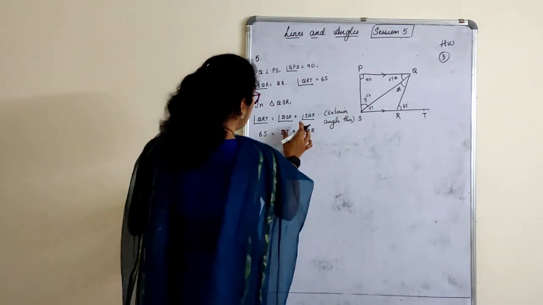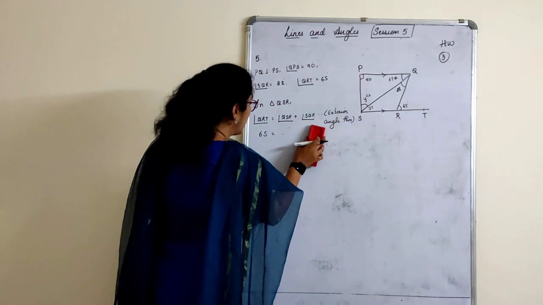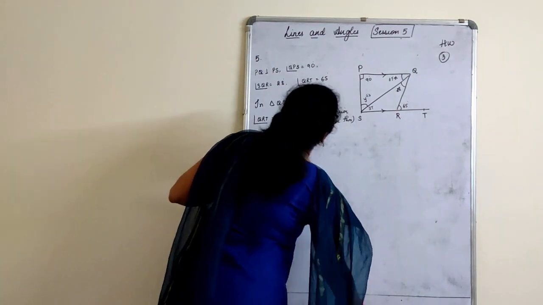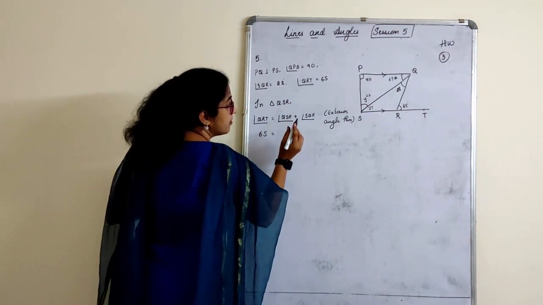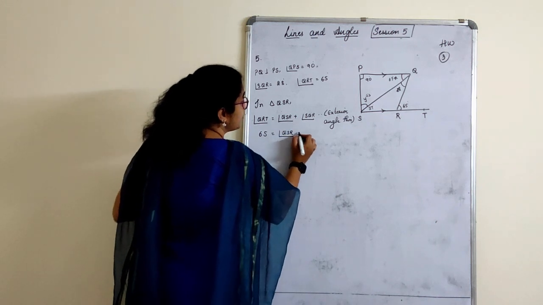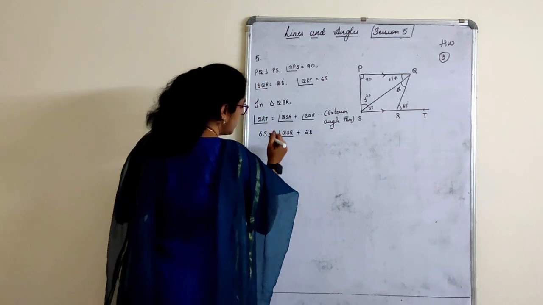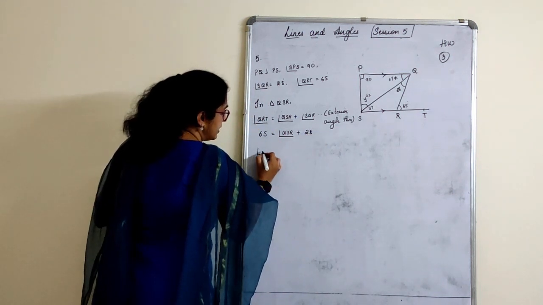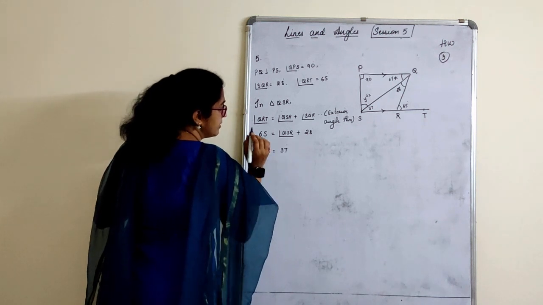Oh sorry, I have to find this angle, children. I wrote it another way. Since I had written, I forgot actually what was given. Angle QSR is given. I'm sorry, QSR we have to find out, plus SQR is given 28. So 65 minus 28, angle QSR is equal to 37 degree.